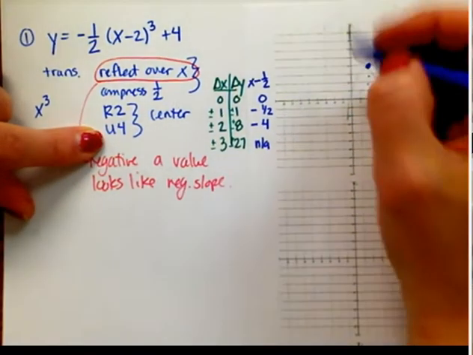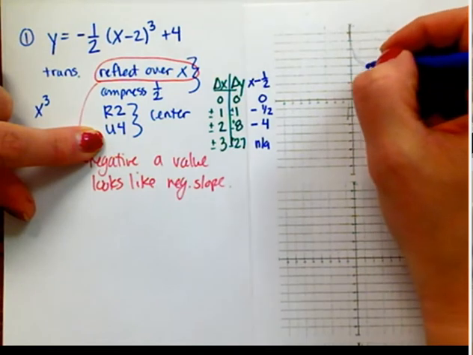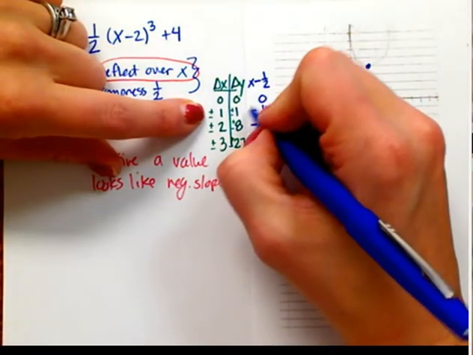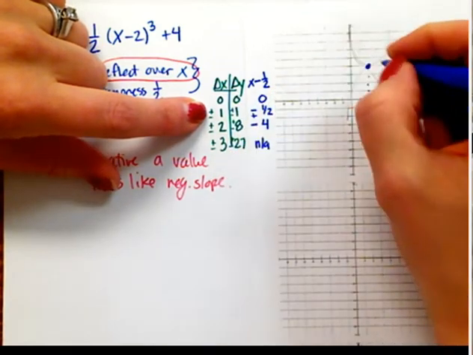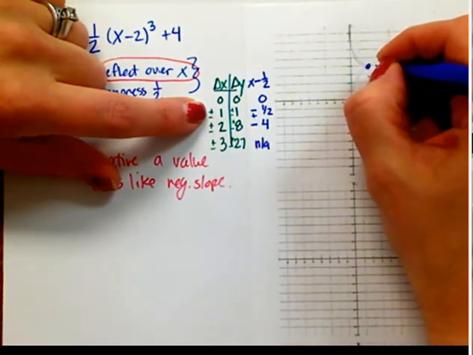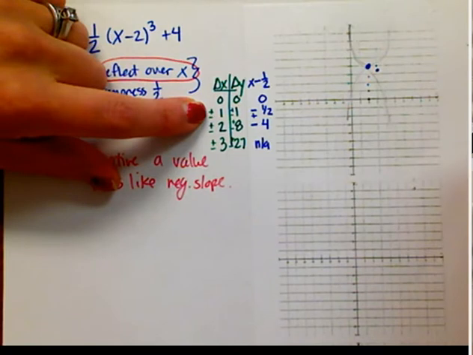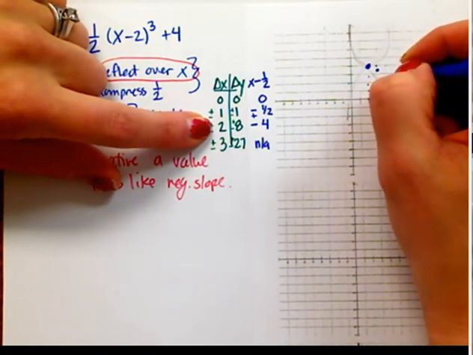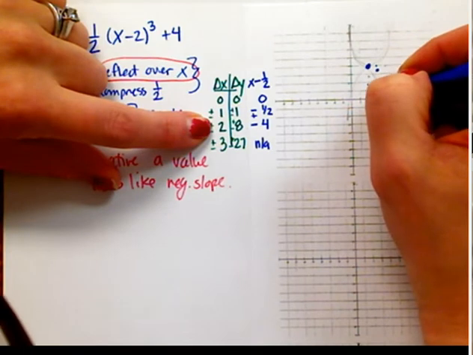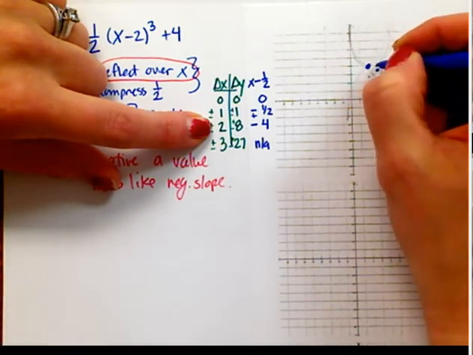I think I'll have enough points. Now, notice that these values are going to change. So the positive is going to go to negative. So over 1, down 1/2. Over 2. 2 cubed is 8, but half of 8 is 4.